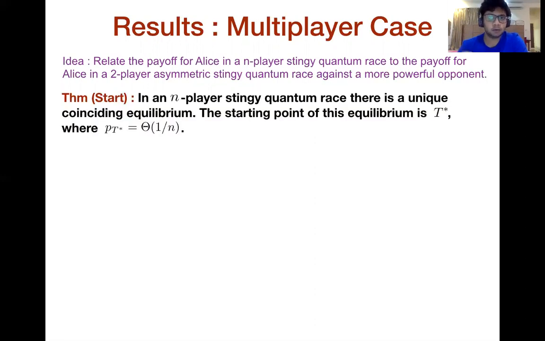This allows us to port many of our results from the two-player version to the multiplayer version. For example, here we show that in an n-party Stingy quantum race, there's a unique coinciding equilibria. And the starting point is T star, where PT star is now theta of 1 over n.